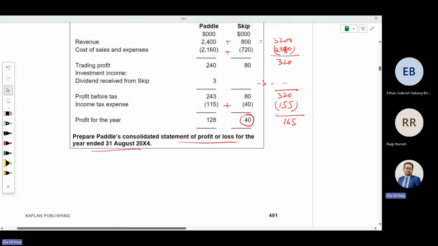So we will show here the non-controlling interest profit share. That is 40 times 25%, that is 10. The parent company profit share is what? 150.